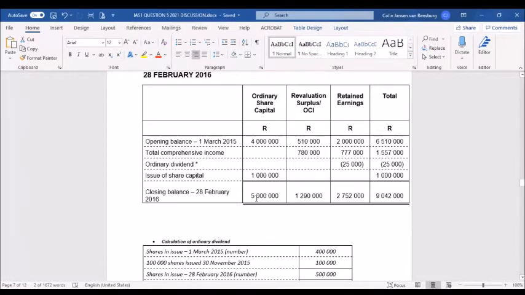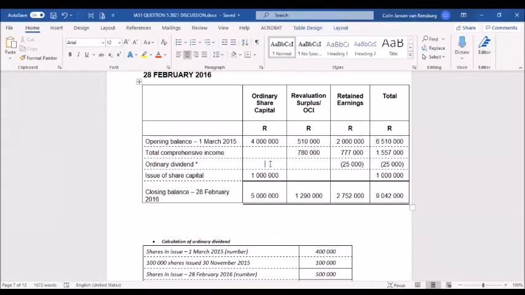Now, very important here. When you declare a dividend, you are not buying back any shares. You are simply distributing your retained earnings. So you cannot indicate it under your share capital column. The only items that will appear under your share capital column is when you issue new shares, which will increase that, like we've seen in the last item there, or when you buy back or redeem shares, when you actually refund the money to the shareholders and you withdraw those shares from the market.